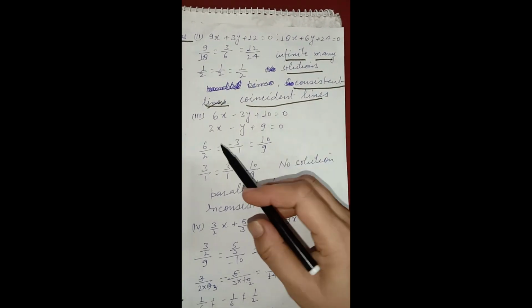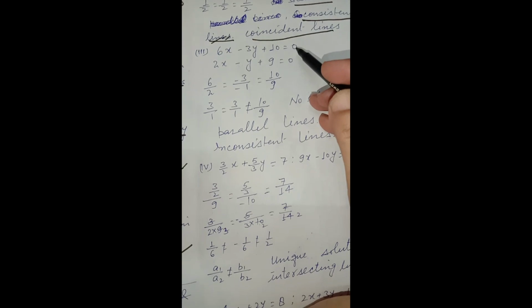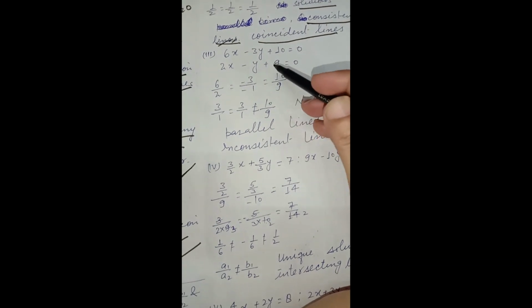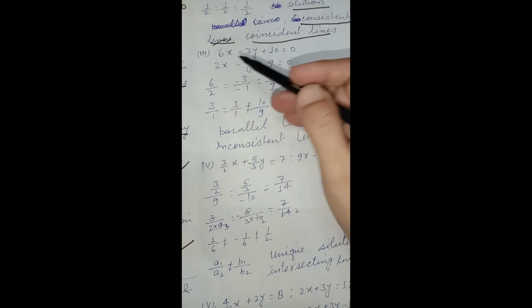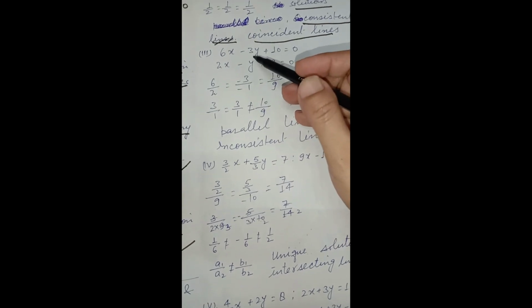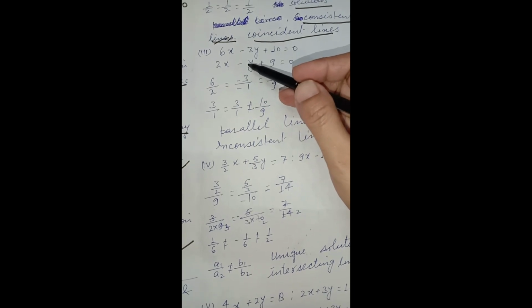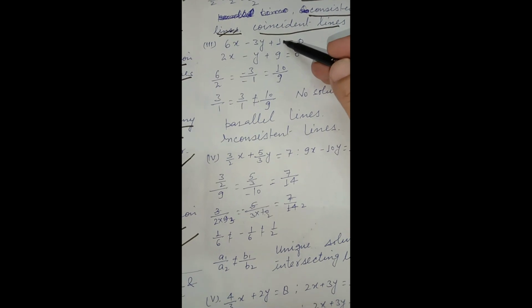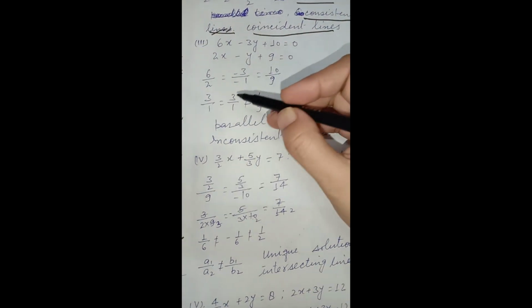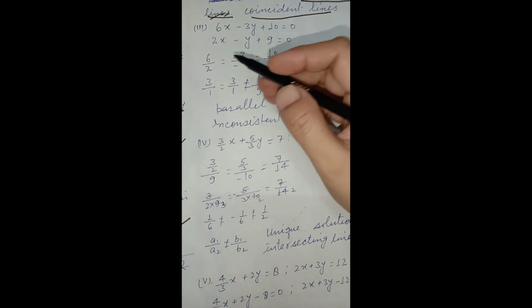Now the next is 6x minus 3y plus 10 equals to 0, and 2x minus y plus 9 equals to 0. Again we will find the ratio: 6 upon 2, minus 3 upon minus 1. Here there is no number with the term y, so coefficient is minus 1, and 10 upon 9.